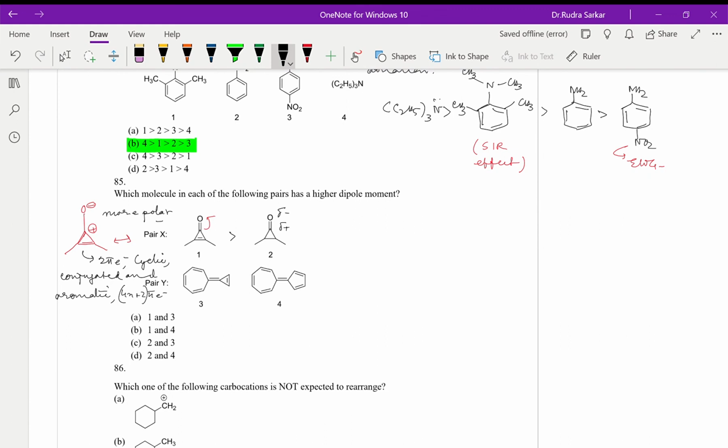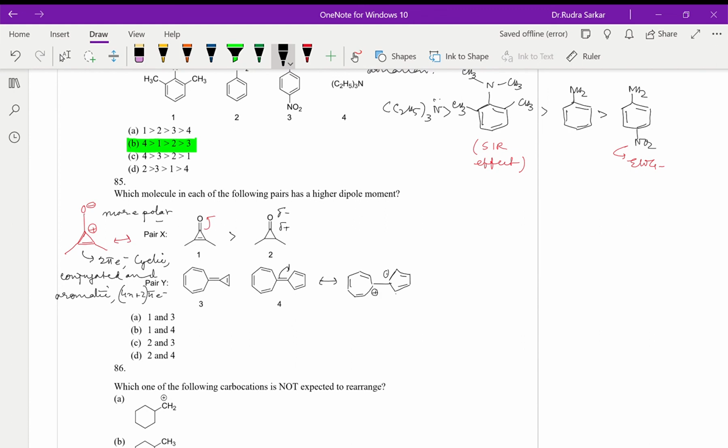For the pair among 3 and 4, if we think that this way the structure can show some resonance, so we are having a negative charge over here, okay, and then we have the cyclic heptatrienyl cation, something like that.